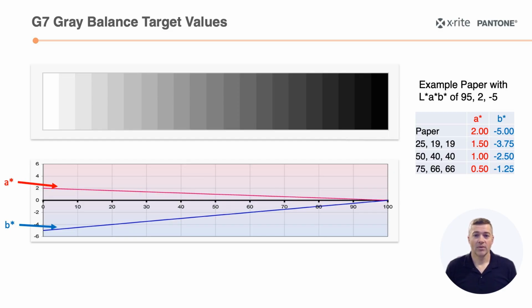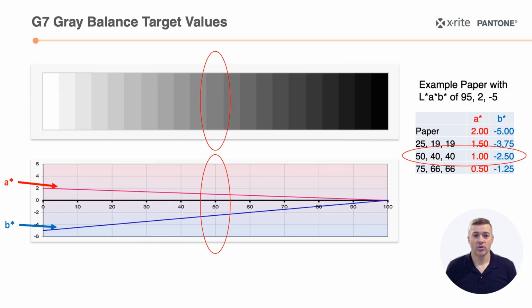Starting from the paper's color values of 2 and -5, they gradually decrease. By the time we reach the three-quarter tone area, those values drop to about 0.5 and -1.25. This shows that the middle gray, located right at the midpoint, only keeps half of the original A and B values from the paper, reducing the paper's color influence by half.